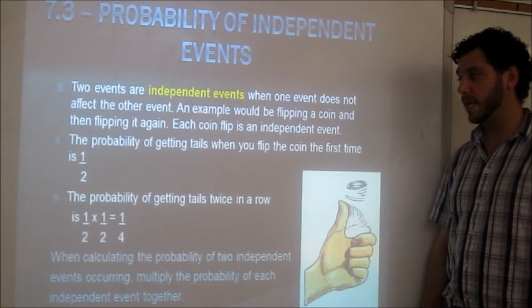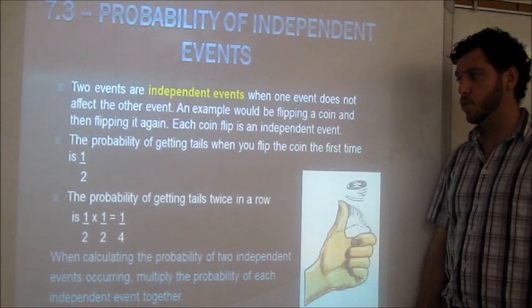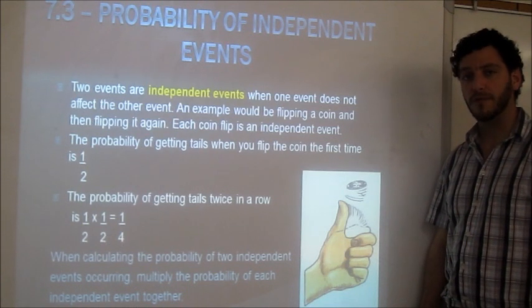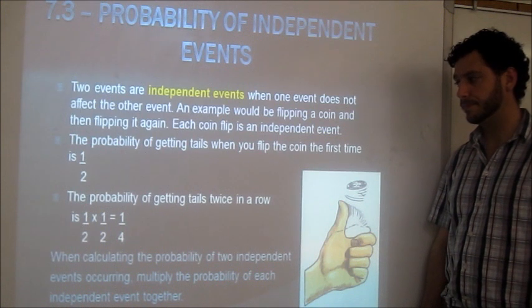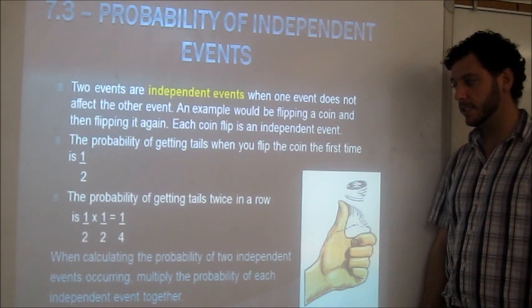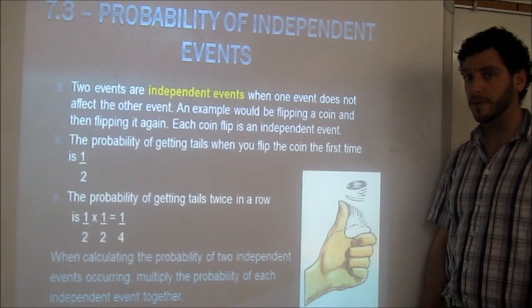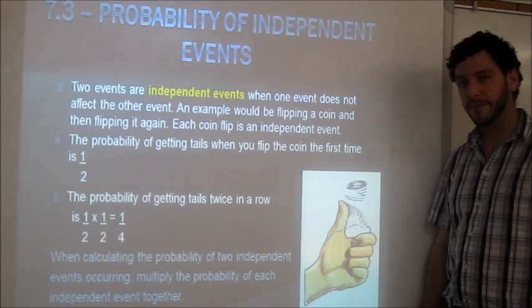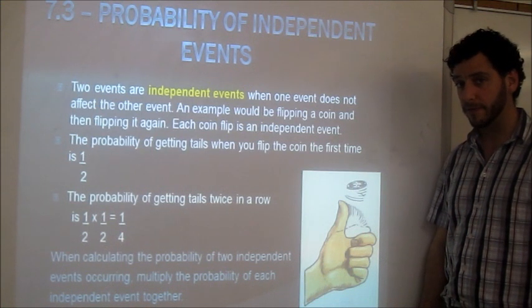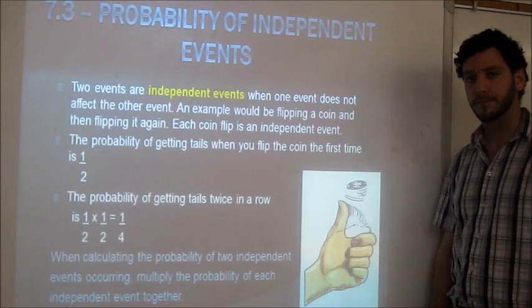The probability of getting tails when you flip a coin once would be 1 out of 2, or 50%. The probability of getting tails twice in a row, because those two events are independent, would be 1/2 times 1/2, which would equal 1/4, or 25%.